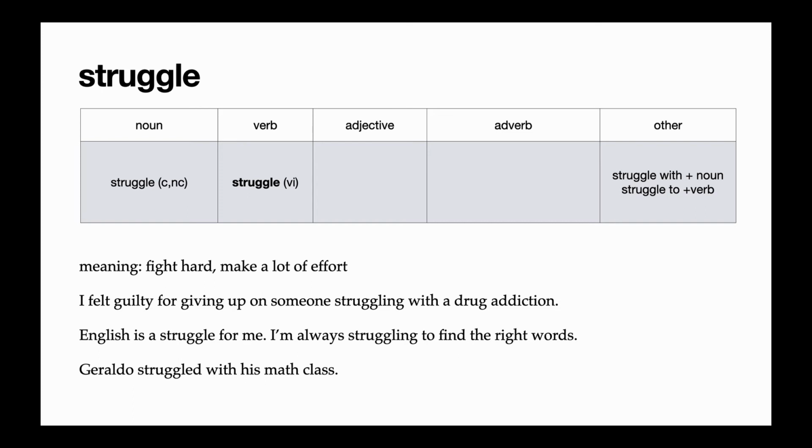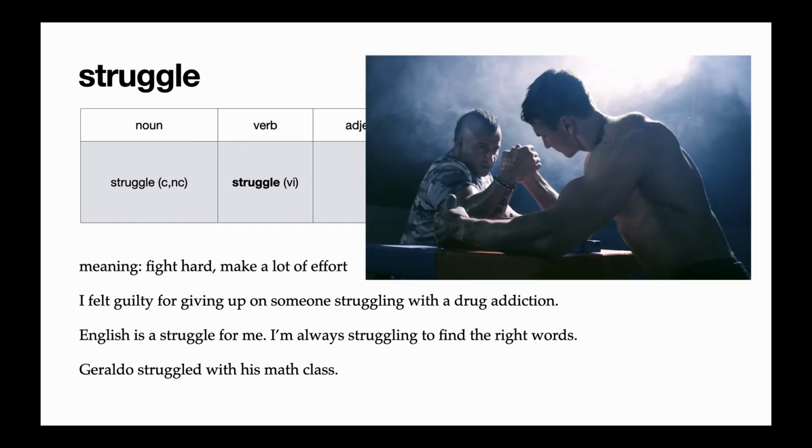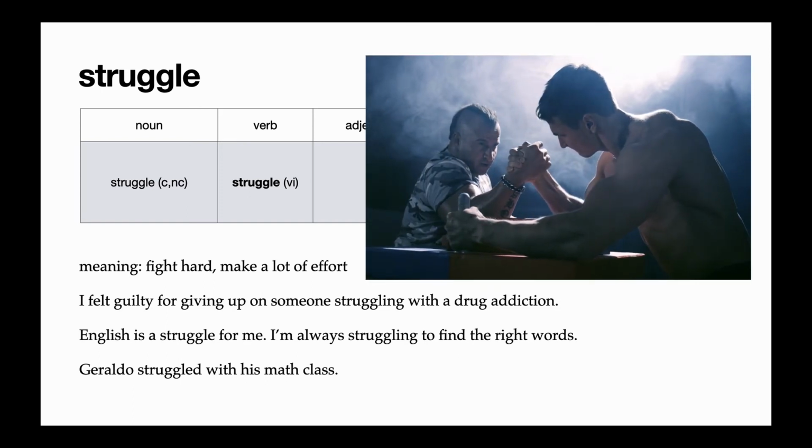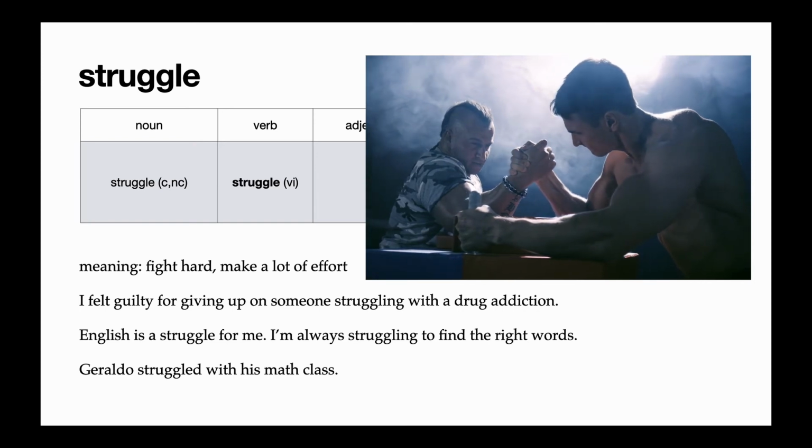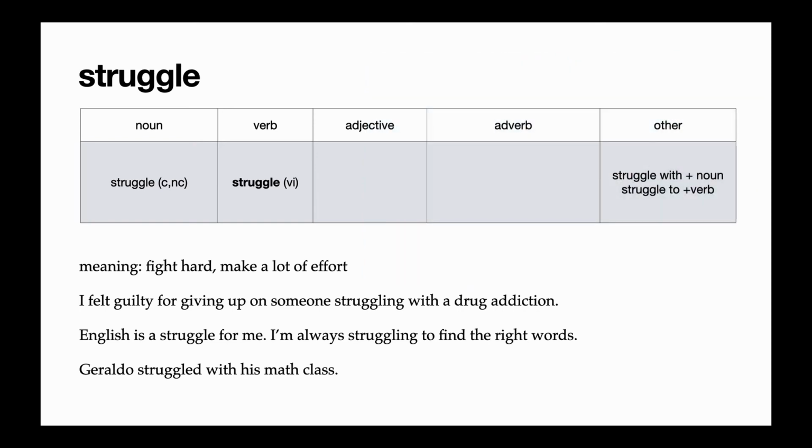Struggle is an intransitive verb, and it means to fight hard or to make a lot of effort. So in the reading, I said I felt guilty for giving up on someone struggling with a drug addiction. So here we see struggle with a problem, and we can also struggle to plus a verb, to do something.